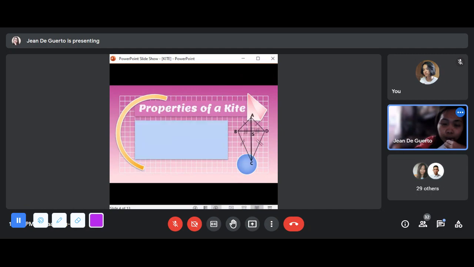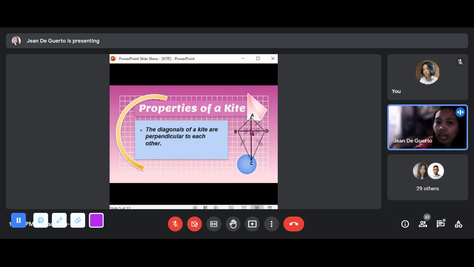So we have the first property. The diagonals of a kite are perpendicular to each other. Okay, so in our figure, we have our first diagonal, which is also the symmetry line, segment AC, and segment BD. They intersect at point S. As you can see, we have a square corner there.